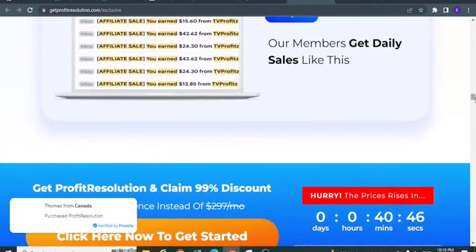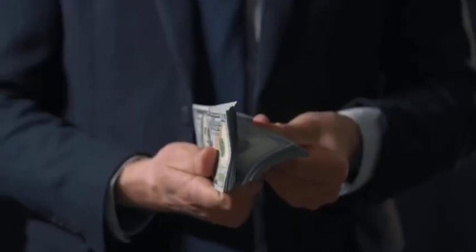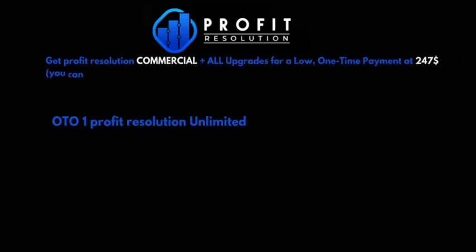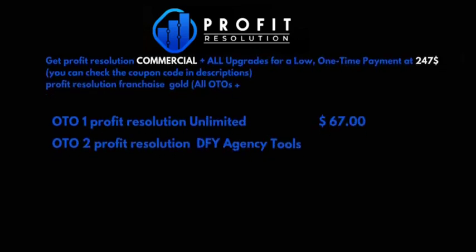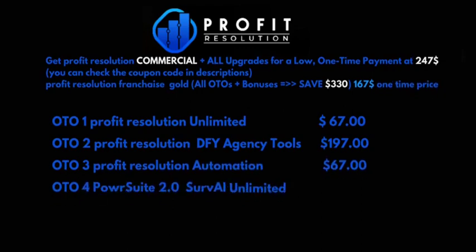Profit Resolution pricing and upsells. Get Profit Resolution Commercial plus all upgrades for a low, one-time payment of $247. Profit Resolution Franchise Gold, $167 one-time price. OTO 1, Profit Resolution Unlimited, $67.